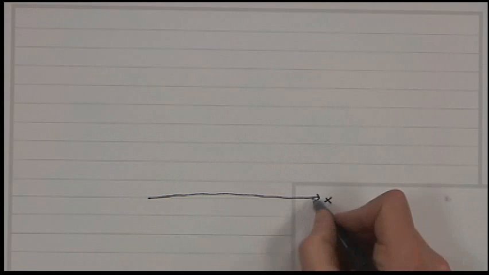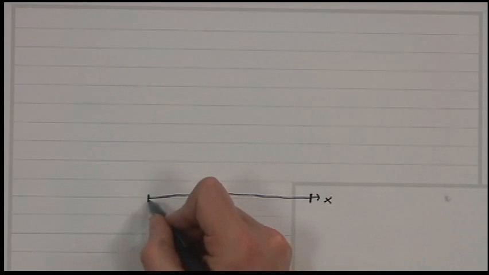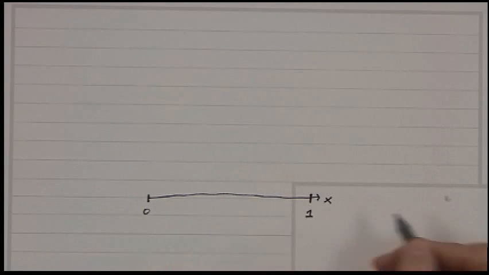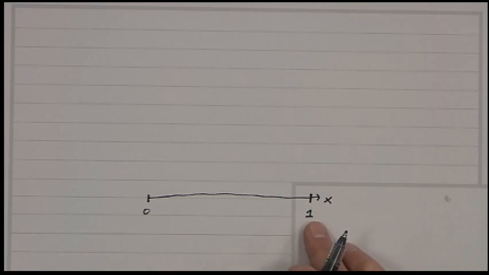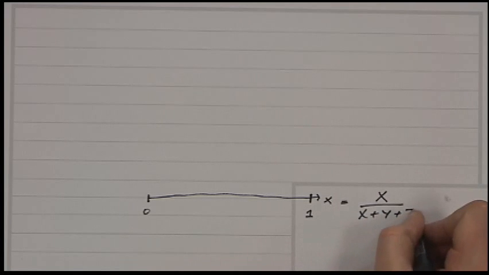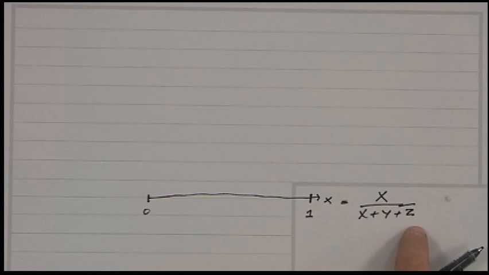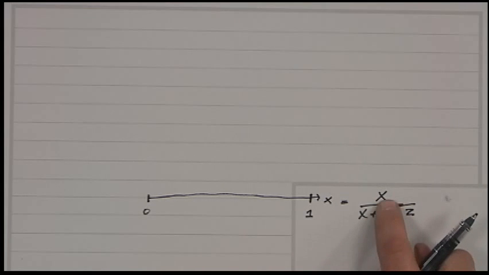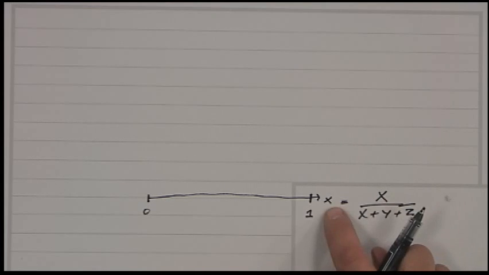Okay, so first of all, this is X. X cannot exceed 1, right? X cannot go below 0 and cannot exceed 1. Why? Well, because remember, X here is computed by taking X and dividing by X plus Y plus Z, right? Now these are all three positive, so X divided by this must be greater than 0.